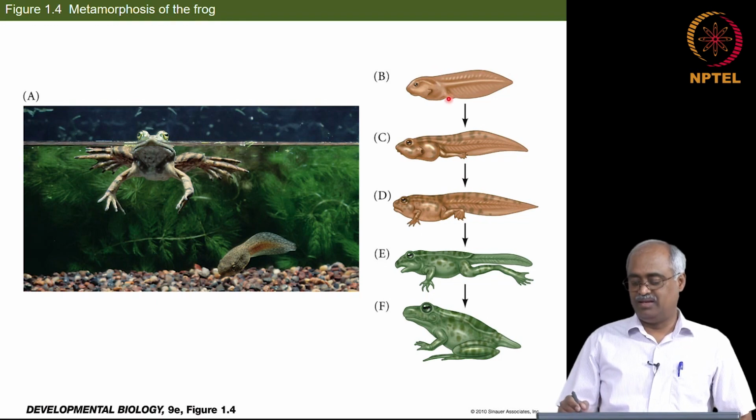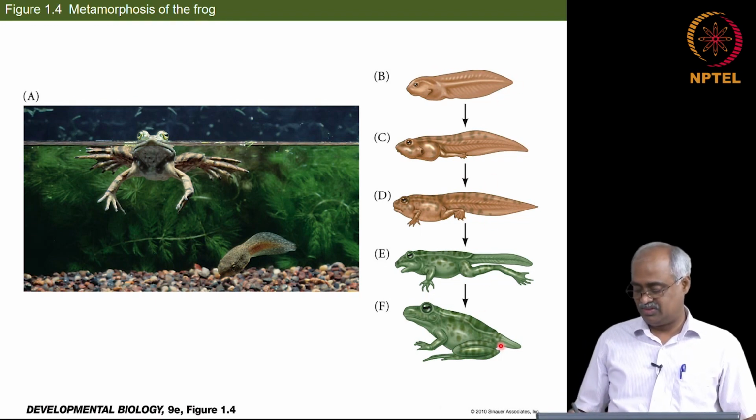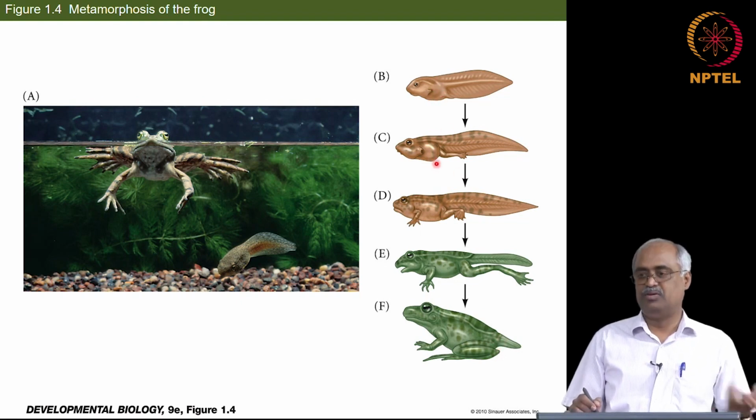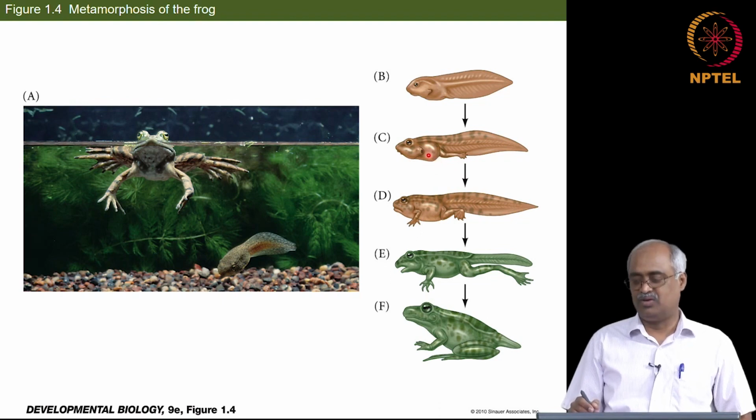So it has a big fin-like tail, and that is going to slowly regress into the frog one, and it has gill-like structures for respiration inside the water, and that is going to shrink, and then a lung is going to expand.